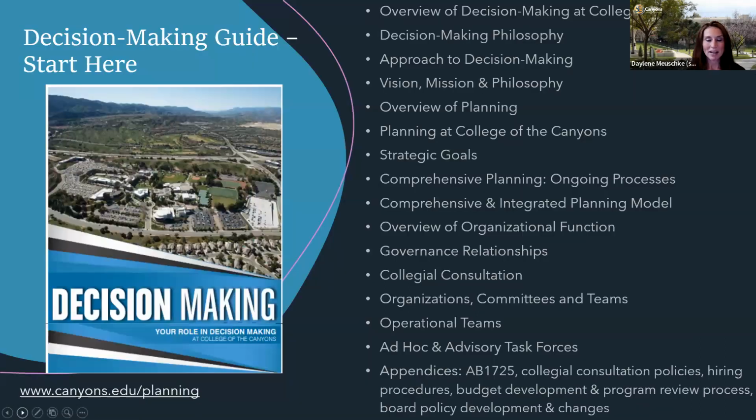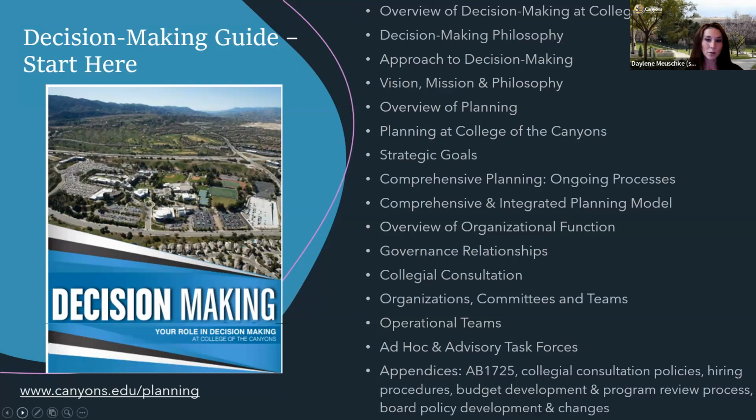So again, reminder that when you're doing planning here at the college, one of the best places to start to know how everything is organized and how decisions are made. I always encourage people to start with the decision-making guide. You can access that decision-making guide off of our planning website, which is canyons.edu/planning.